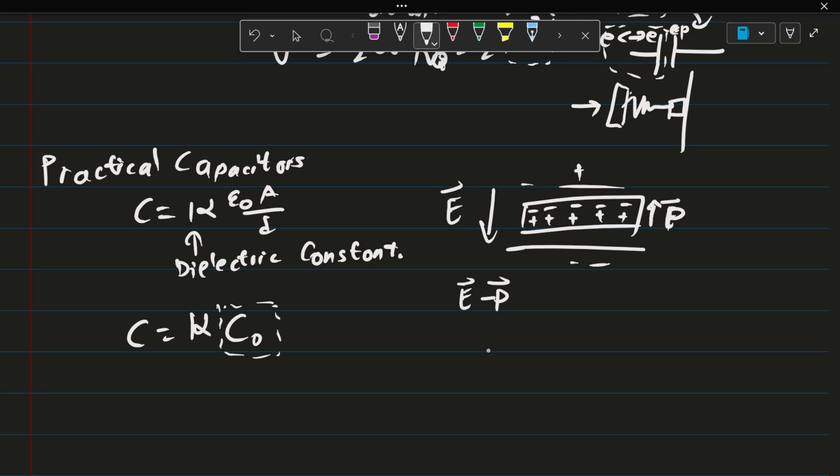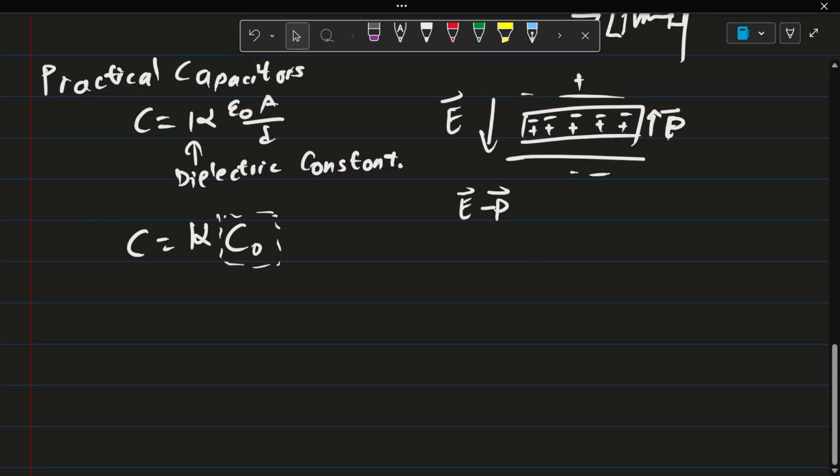Another thing to consider in actual capacitors is the working voltage. This working voltage is very similar to a thunderbolt.